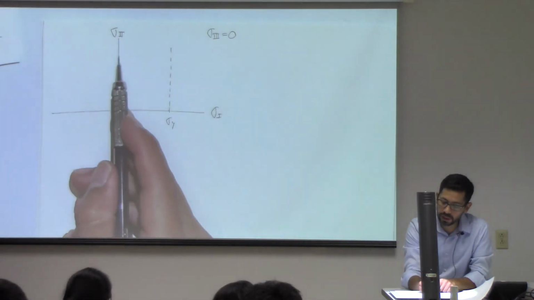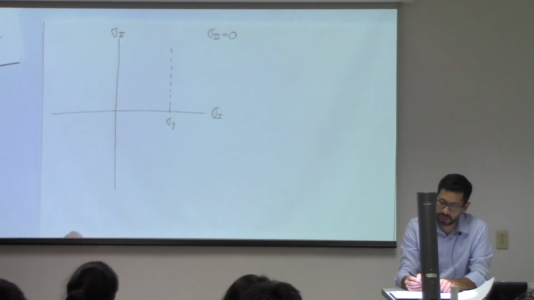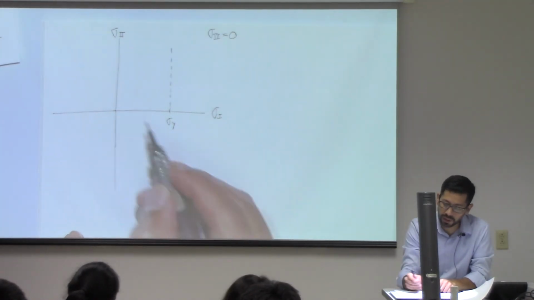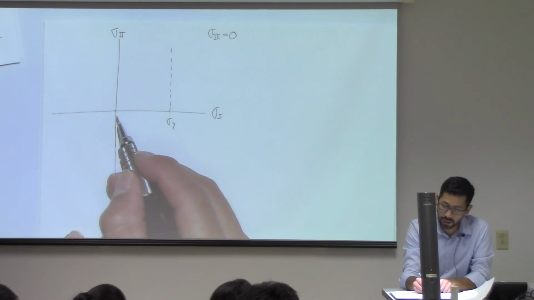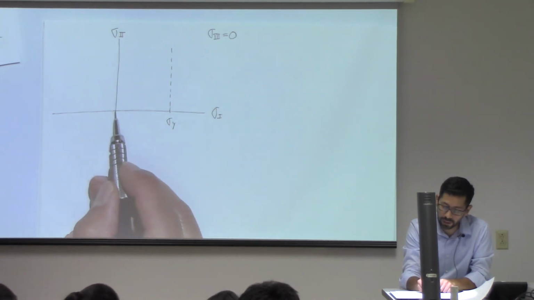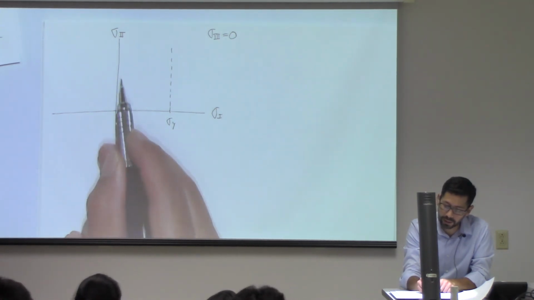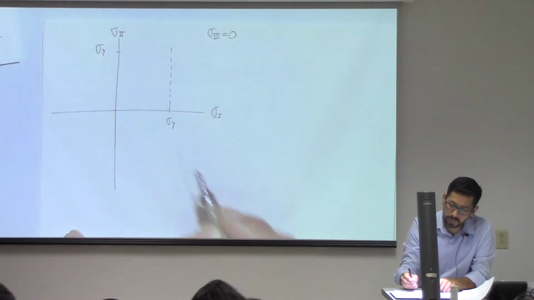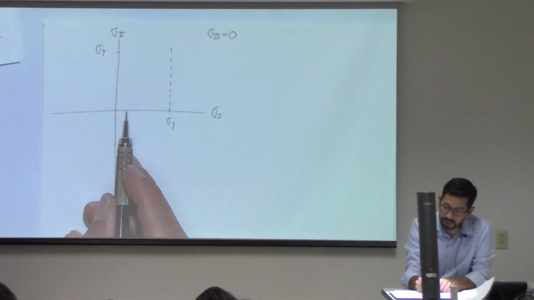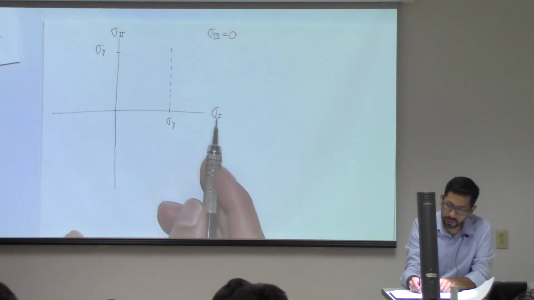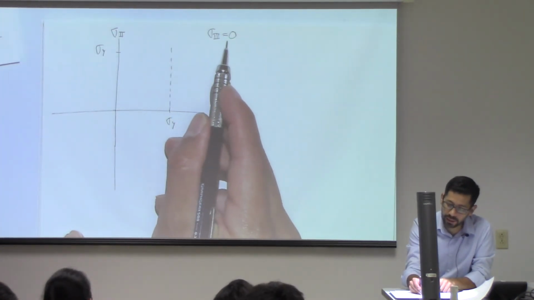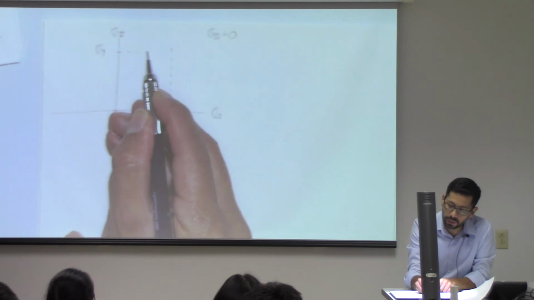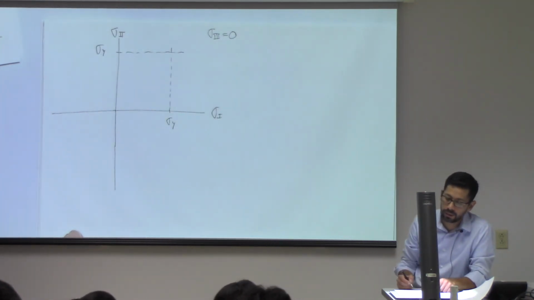Let's now assume that sigma 2 is the maximum principal stress and the other two are 0. That would start over here, and I can increase it also up to sigma y. And if I now increase Roman 1, but this one is still 0, I can define a line like that.